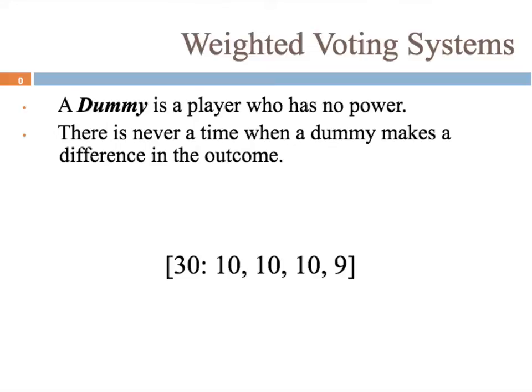A dummy is a player who has no power. So there's never a time when a dummy makes a difference in the outcome. And this one's not quite as obvious to see. So notice that in this example, we have a quota of 30 votes. Okay, so we need 30 to pass. If we have, let me write this out, player 1, player 2, player 3, and player 4.